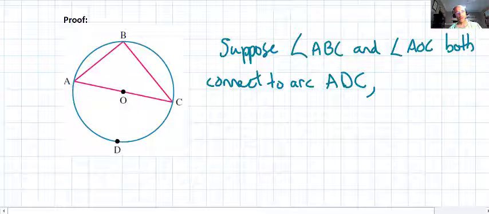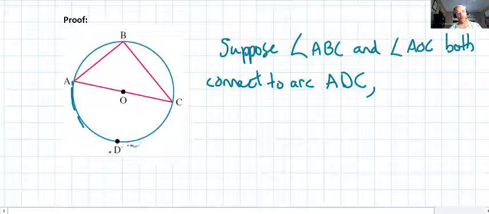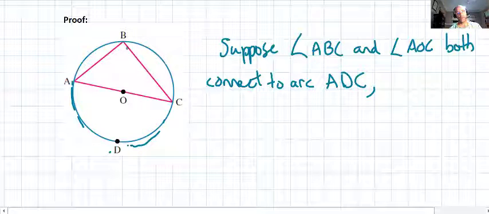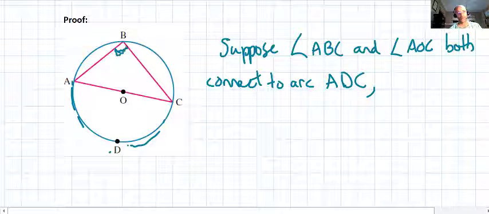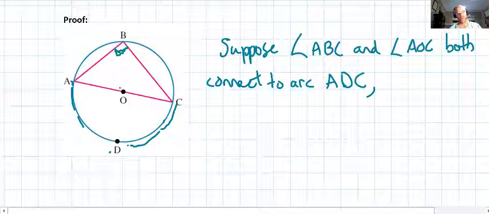So we got arc ADC, again D's a helper point, so we know which arc we're talking about, that arc there, and angle ABC. Alright, that was the one that was the right angle in the theorem. We're going to prove it here, so we haven't said it's a right angle, we just said some angle, and it's subtended by that arc, alright, semicircle. And AOC likewise, AOC is the straight angle here.